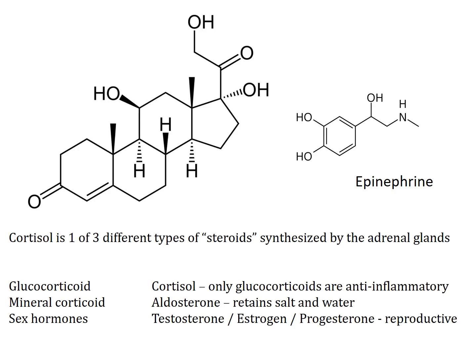3 types of steroid hormones. Only one type of steroid hormone has anti-inflammatory effects, and those are the glucocorticoids. So we have all these different steroids floating around the body, but only one type of steroid is anti-inflammatory, and that is cortisol. So therefore, if we wanted to give a patient an anti-inflammatory steroid, the only type of drug that we could give them would be a drug that looks like and acts like cortisol.